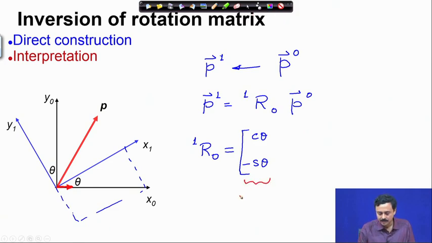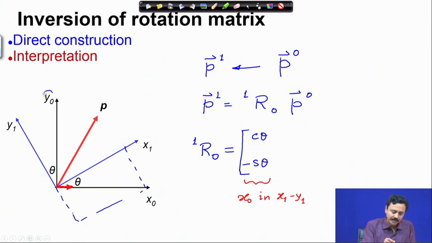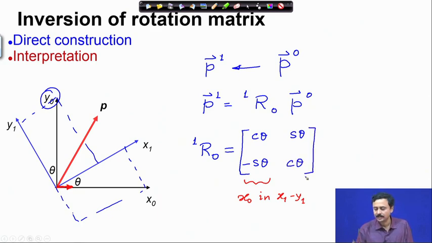So, this column is the representation of x 0 in x 1 y 1, and the second column must be the representation of y 0 in x 1 y 1. This is nothing but sin theta, cosine theta, you can very easily check.